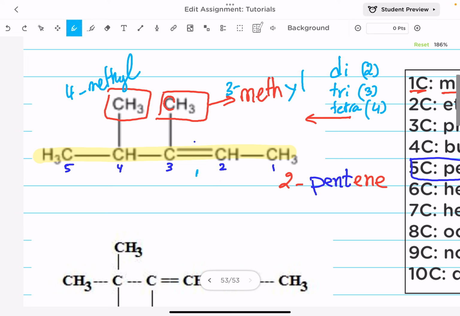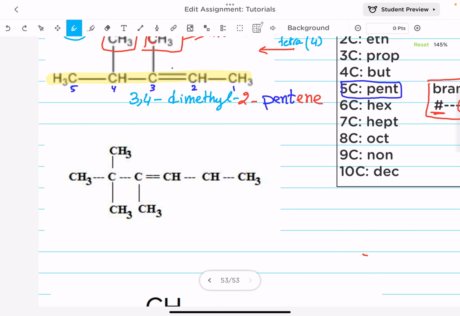So I'm going to say dimethyl. And it is coming on the third and on the fourth. So I put the numbers together, 3 and 4. And even if it's the same number, I'm going to write it twice. So the final answer for this compound is 3,4-dimethyl-2-pentene.